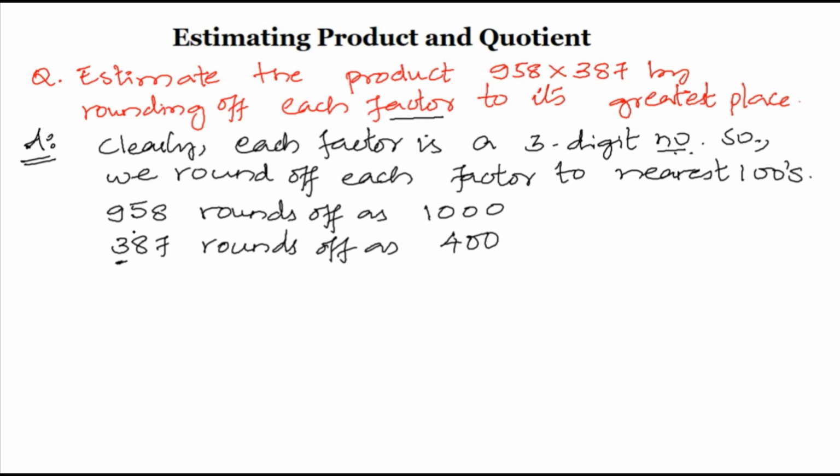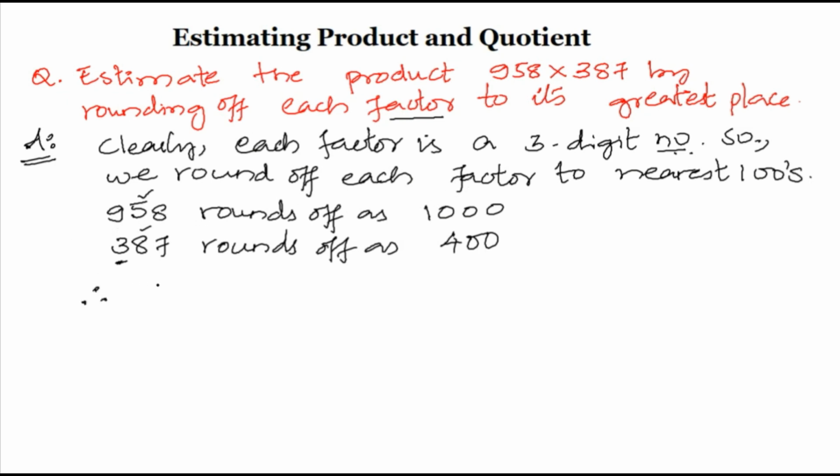The reason is we have to look at the digit at tens place. Here the digit at tens place is 8. So we need to increase the digit at hundreds place by 1. It becomes 400. In the previous case, tens place was 5. So we need to increase this 9 by 1. So it becomes 10.